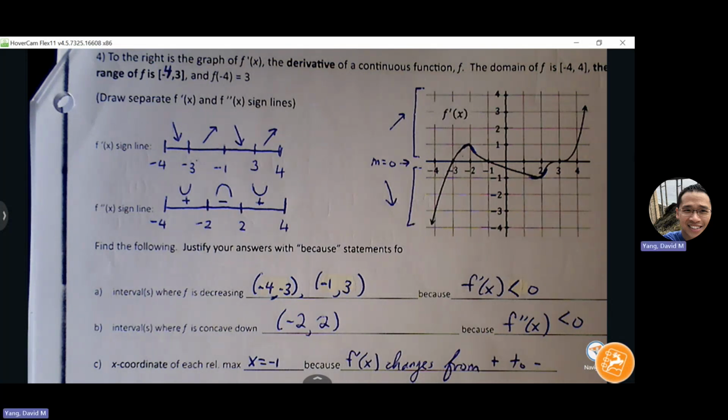So we know that we're starting at -4, 3. I know I'm going to decrease in this interval to some y value.